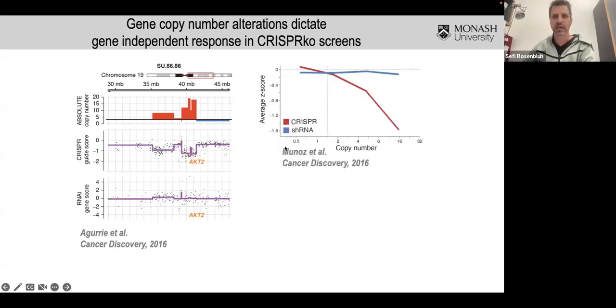Another way to show this is by just looking at the correlation between copy number and dependency. So irrespective of the actual gene, once you have high copy number, what you see is a very strong dependency.